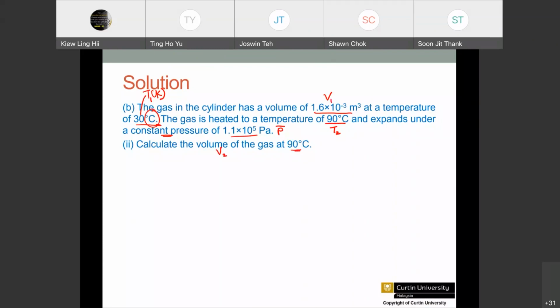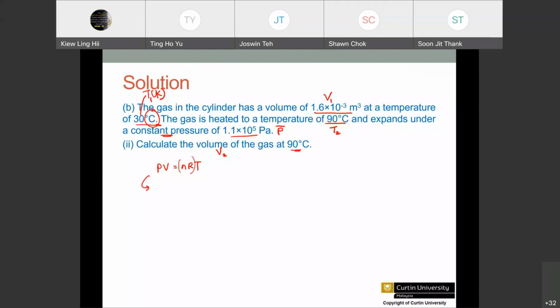So from our ideal gas law, PV equals nRT. If we take out the constants, these two are constants because they are the same gas, just the temperature is different.